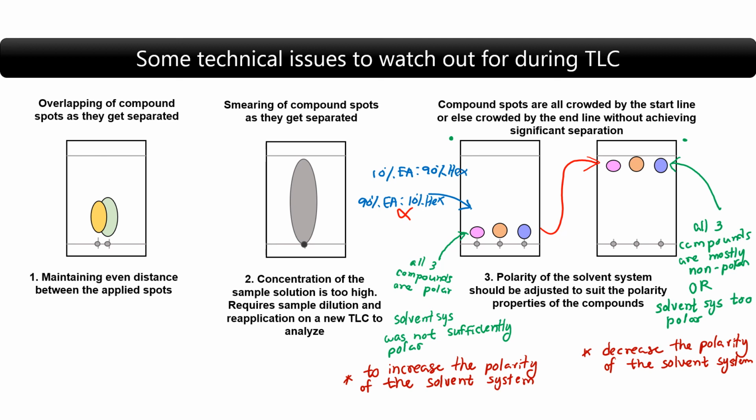Therefore, a correct adjustment would be rather to make this like 20% ethyl acetate and 80% hexane. So you have introduced a gradual increase in the polarity of the overall solvent rather than a very dramatic change. So this kind of change would be the more appropriate kind of change.